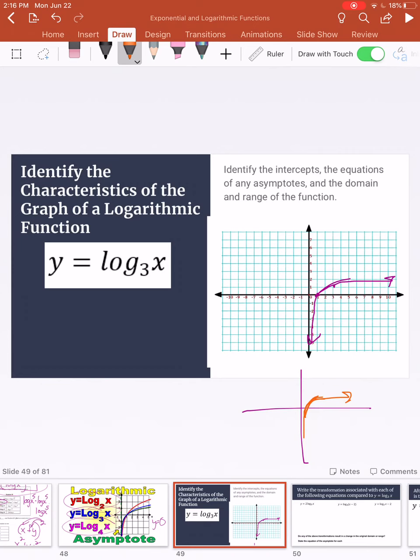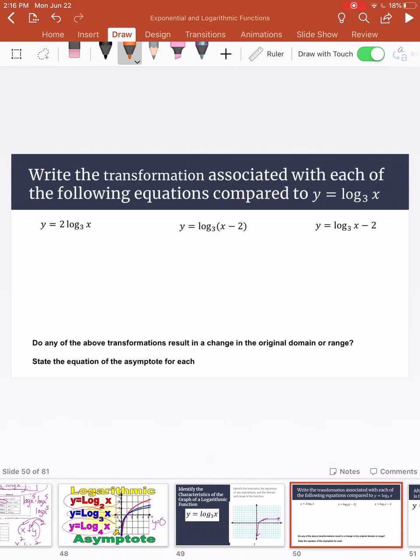So even though your calculator doesn't show it, with logarithmic graphs, there is a vertical asymptote, and your range will be y as an element of all real numbers, because that line does continue forever downwards in this particular graph.